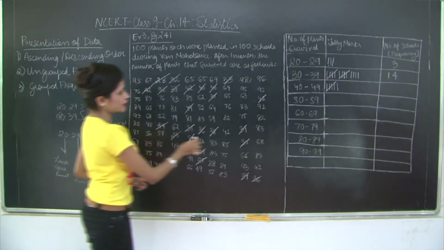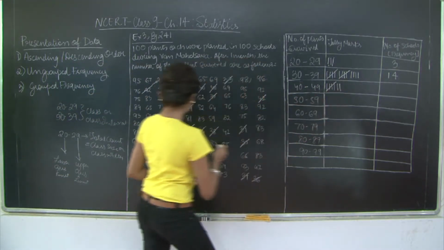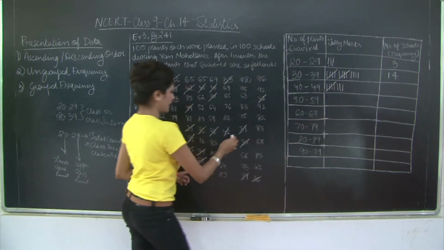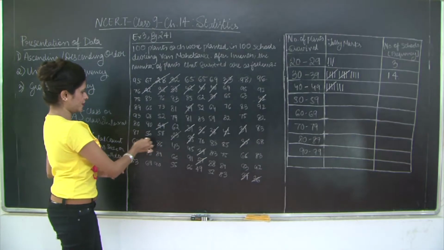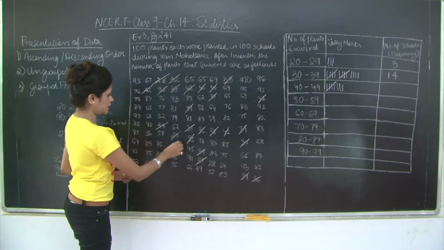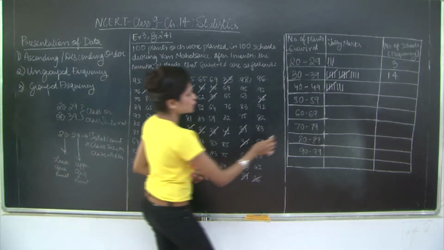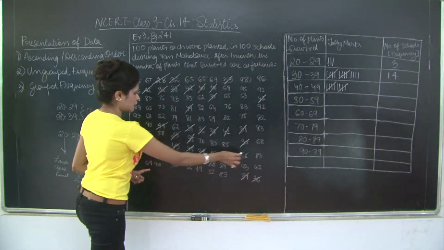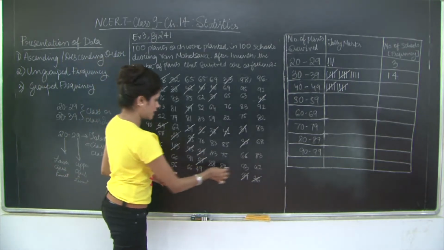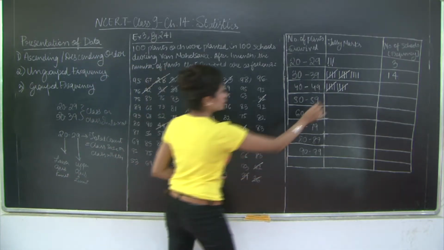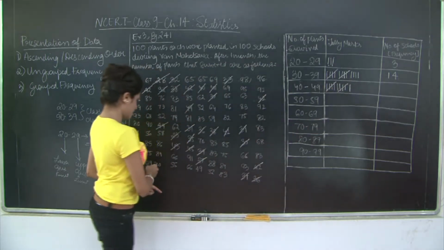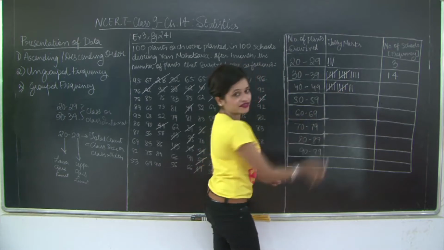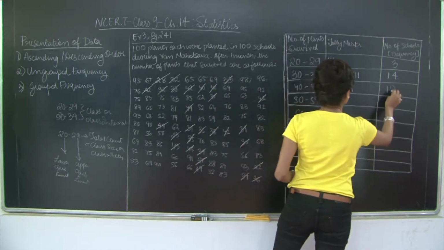Then you have another one here, so another stroke here, 42. Then continuing, 43 and 45, so 2 more, so 1 and 2, you have 5. And you have 42. And the last row, you have 49. So 5 plus 5, 10, plus 2, 12.